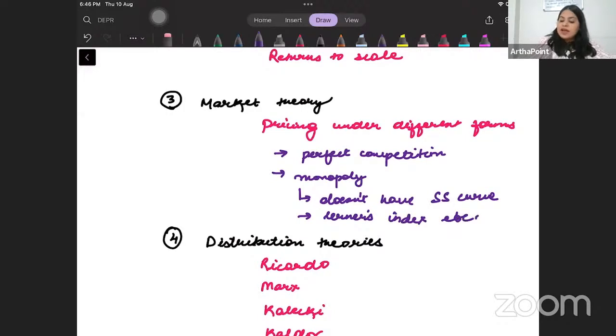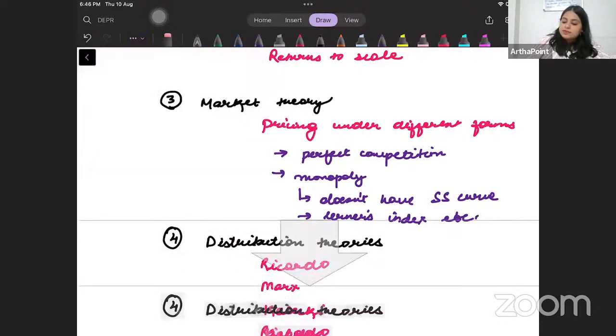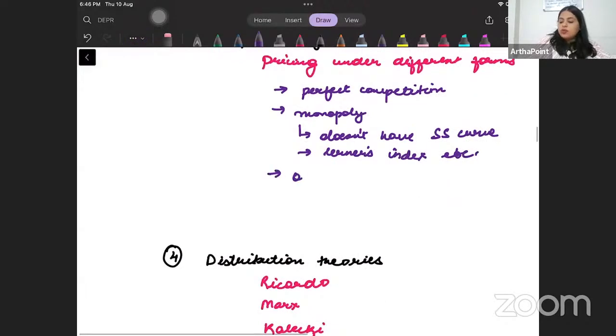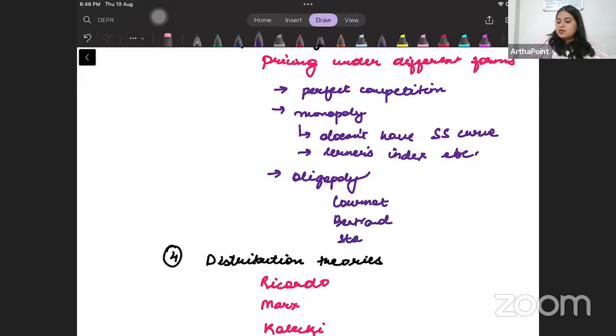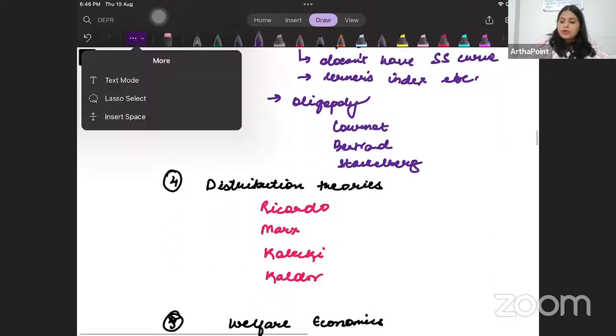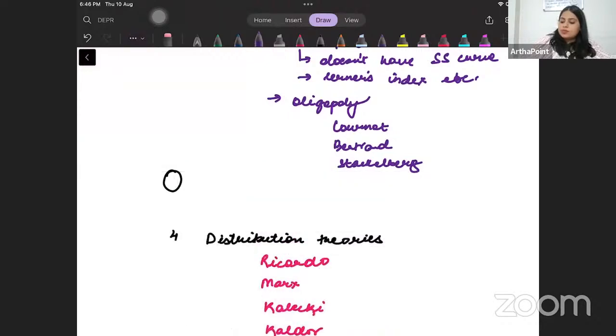ठीक है. Then you should be better aware about oligopoly. So you should be aware about the different models in oligopoly. Cournot, Bertrand, Stackelberg, monopolistic competition. ये सब कुछ पता होना जरूरी है.